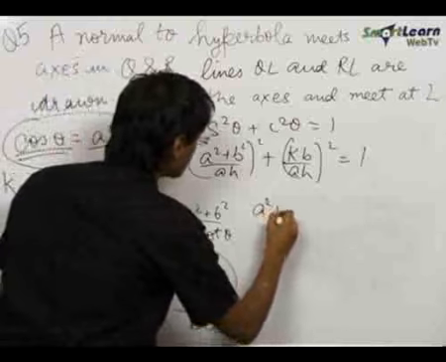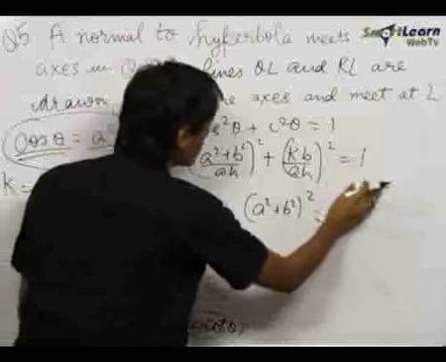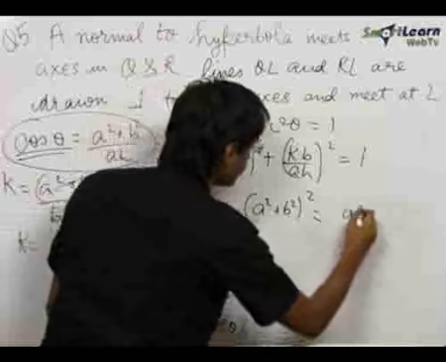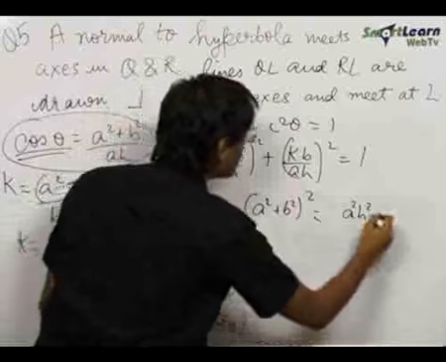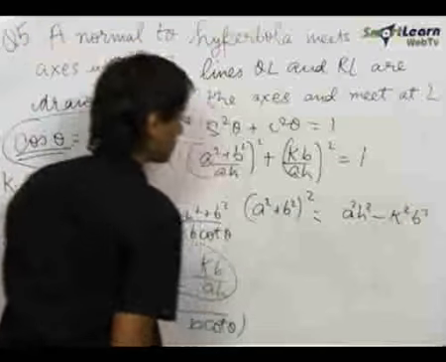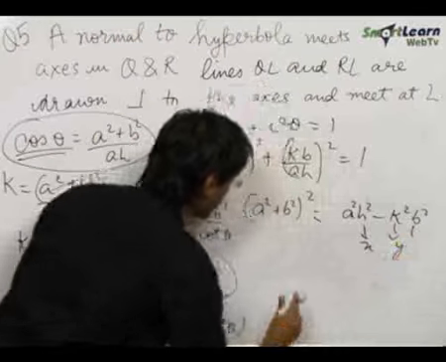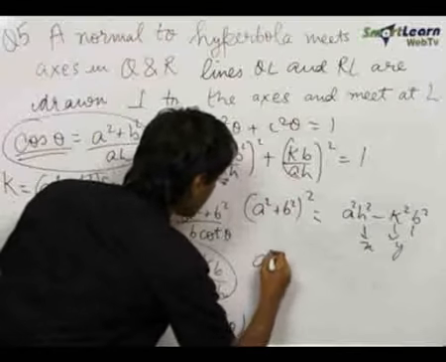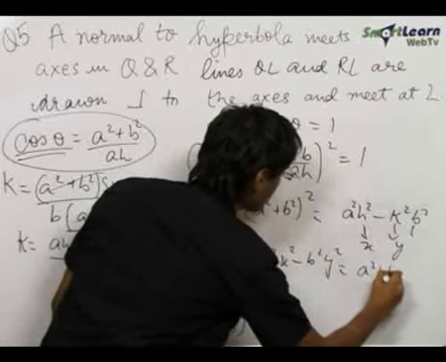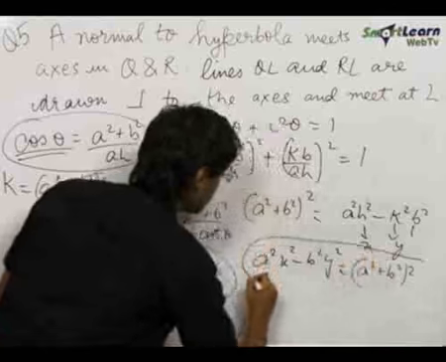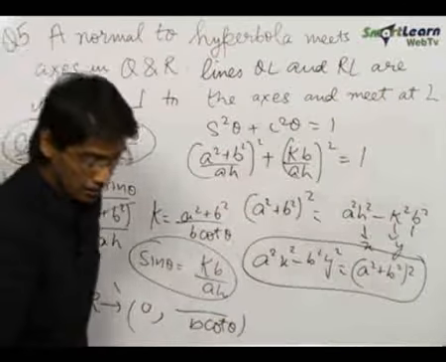So this becomes a square plus b square whole square is equal to ah whole square going in the numerator of the right hand side to become a square h square minus k square b square. Replacing h by x and k by y as we always do in questions of locus, we get a square x square minus b square y square is equal to a square plus b square whole square. And this is our final answer for the locus of point L.